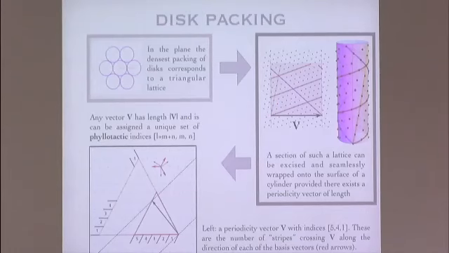I can pick any one disk center I wish and choose another disk center and draw what I call a vector. The vector v is a periodicity vector. Draw a vector between these 2 points and then make a cut which is perpendicular to this vector v on both sides. This then defines a section between the two endpoints of the vector, which I can then excise. I can cut out of a piece of paper and then wrap onto a cylinder of the appropriate diameter.